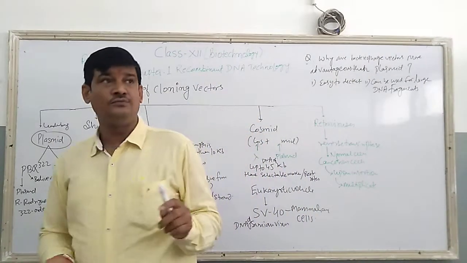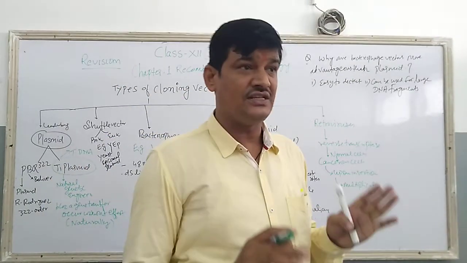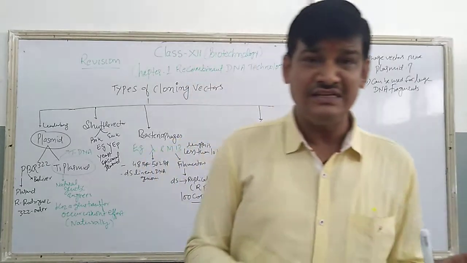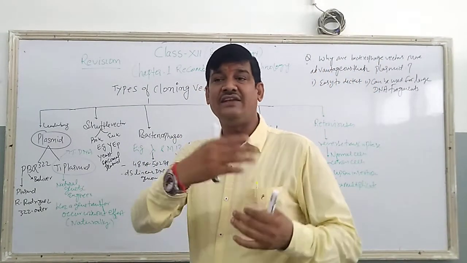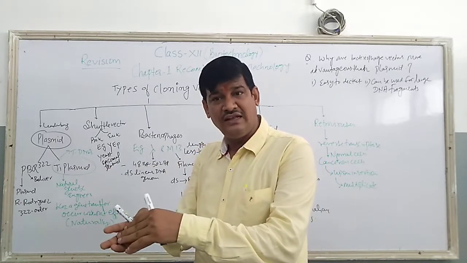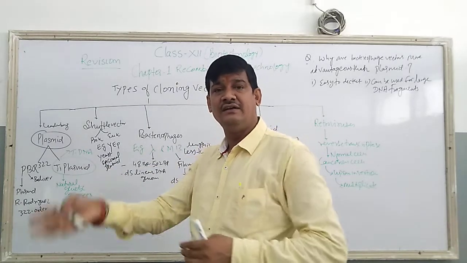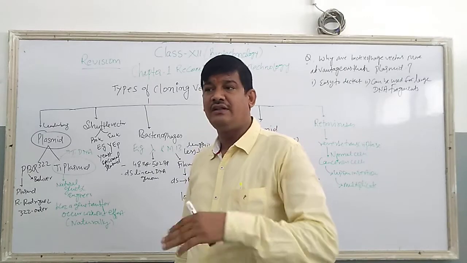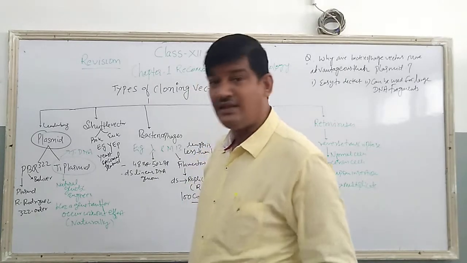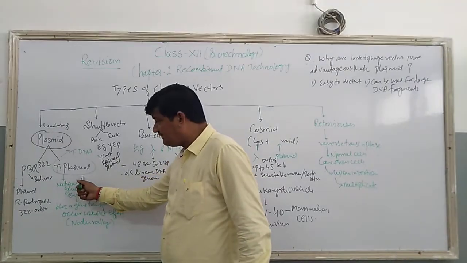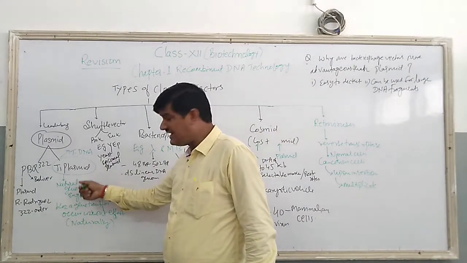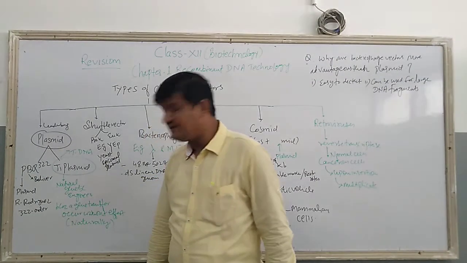The question is, what do you mean by natural genetic engineer? Natural genetic engineer means that DNA which naturally transfers to the host cell and changes its genotype or genetic makeup without the effort of human beings. So the Ti plasmid is considered a natural genetic engineer.